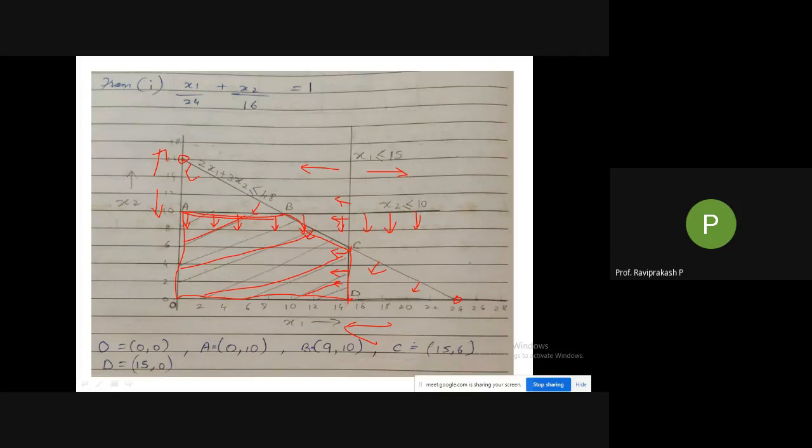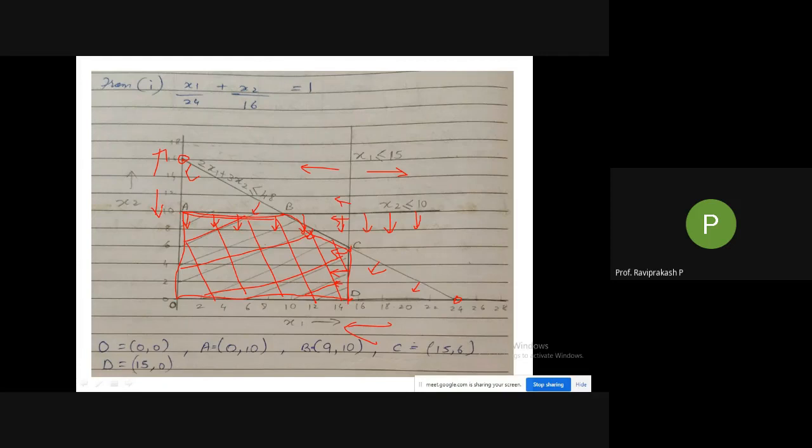You need to be able to find out what the feasible region is and how to find it. So mark the feasible region. This is my feasible region. And the points surrounding this are the points where two lines are cutting.